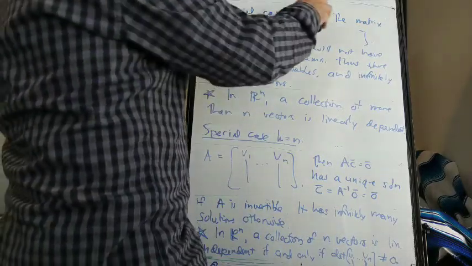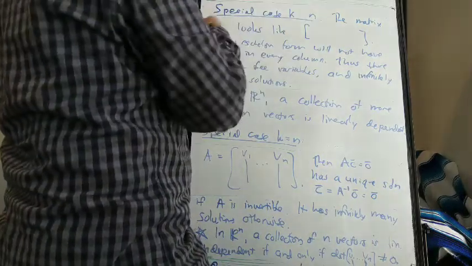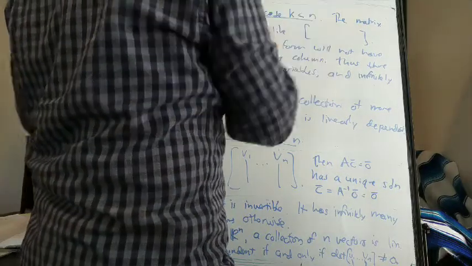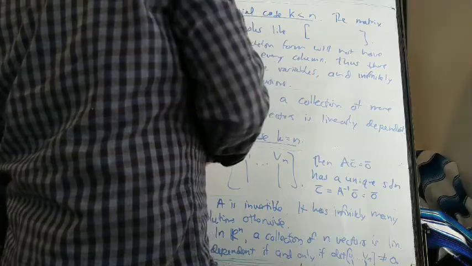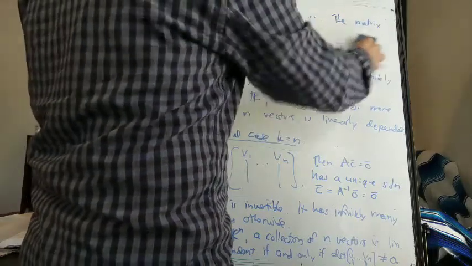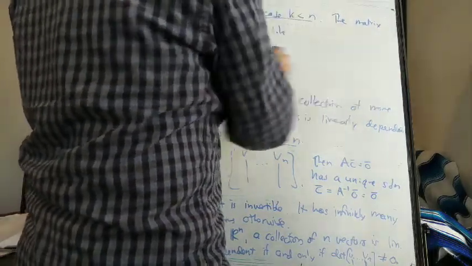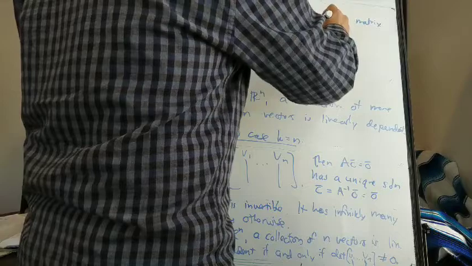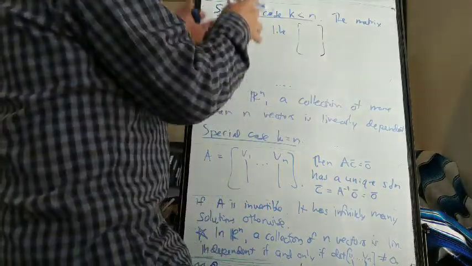Right, now let's look at the special case that k is less than n. Then A is sort of a tall and skinny matrix.